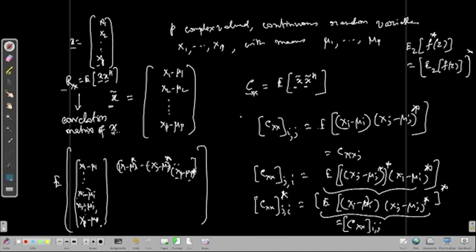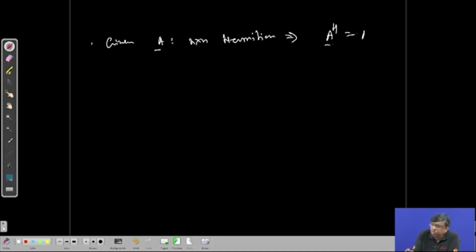All right. Now, Hermitian matrices have some beautiful properties. We will study them next. Given A is an n cross n square matrix, Hermitian, meaning if you take the Hermitian transpose of it, conjugate and transpose, you will get the same matrix A. Also, given A is an invertible matrix.